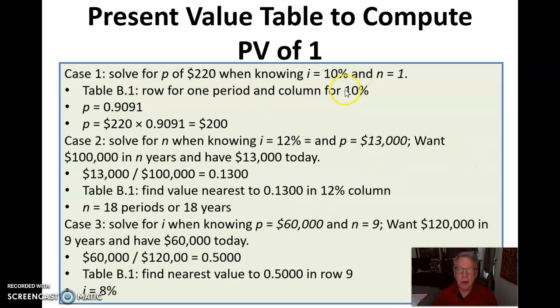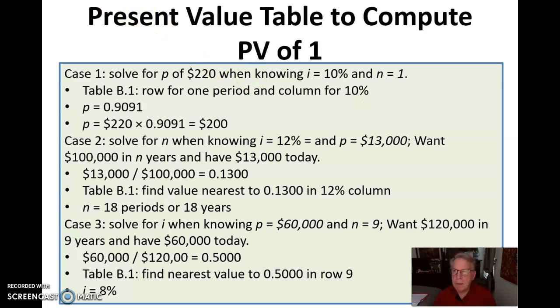All right, let's take a look at an example. Here, we're going to solve for the present value of 220 when we know the interest is 10% and the period is 1. So we go to table B1 and we look for period 1 at 10%.